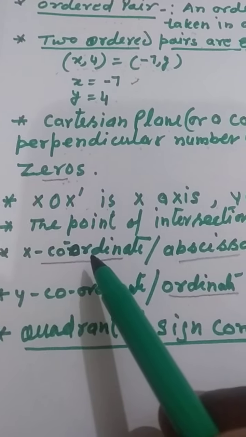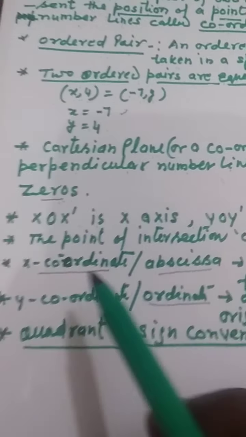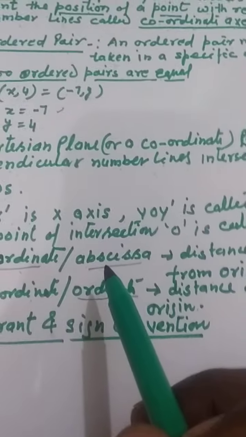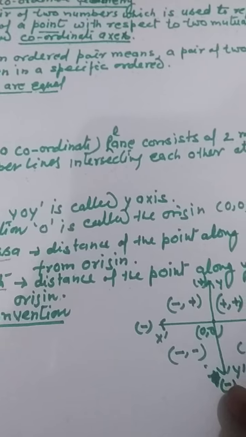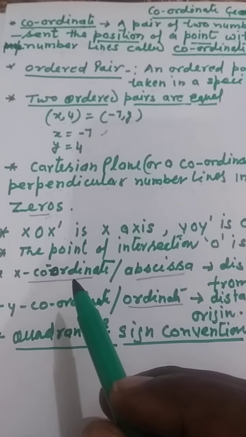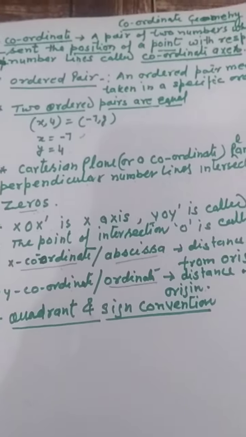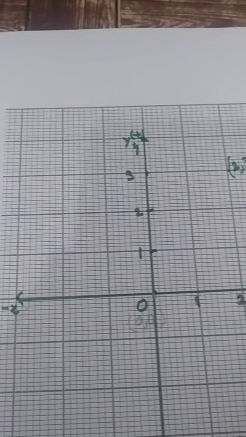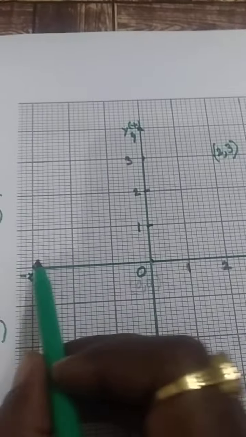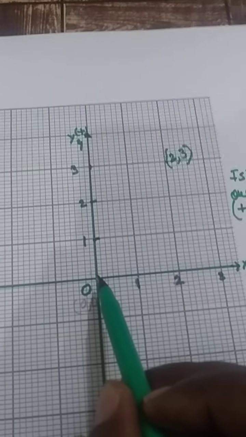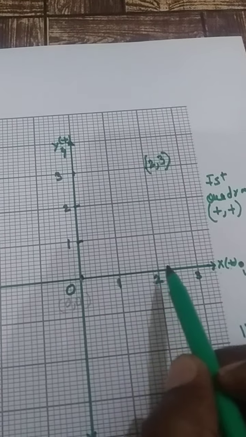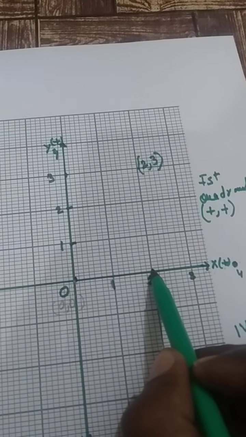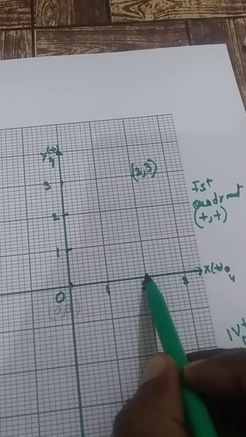Now the important point is the x coordinate or abscissa. What is the x coordinate or the abscissa? The distance of the point along the x-axis from the origin is known as the x coordinate or the abscissa. In the x-axis, the distance from the origin along the x-axis, if we talk about this point, we will say this is 2.